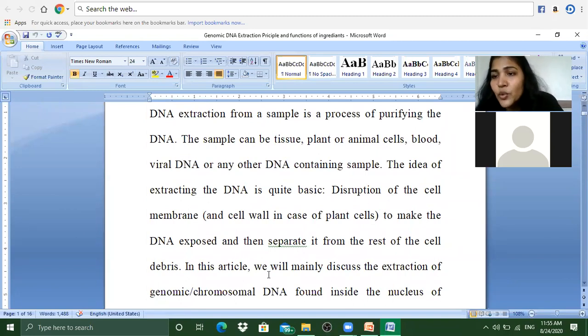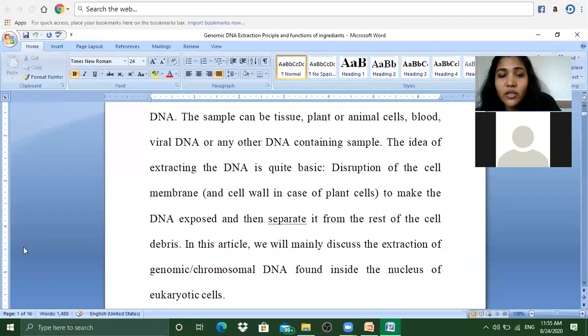So very simple, you have to disrupt the cell wall, nuclear wall, and then you have to remove the cell debris and just remain with the nucleic acid content, the nucleus content basically.